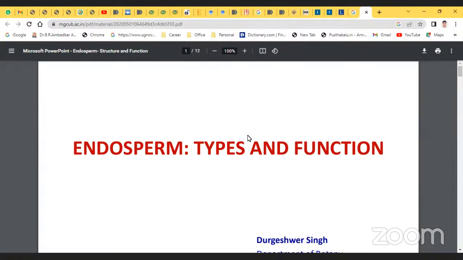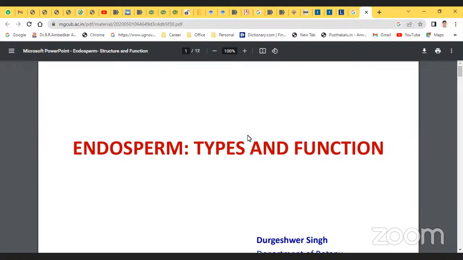What is the role of endosperm in the gymnosperm? In gymnosperms, the endosperm is haploid in nature.